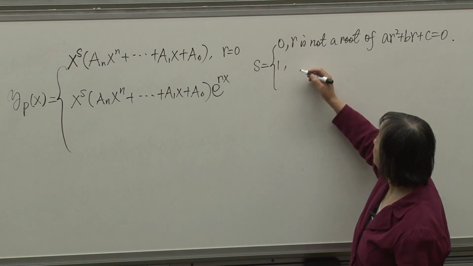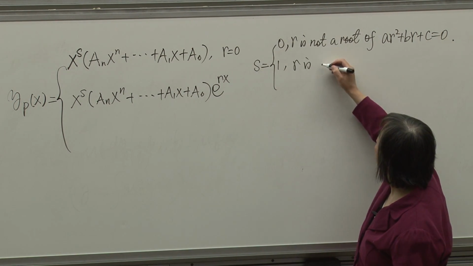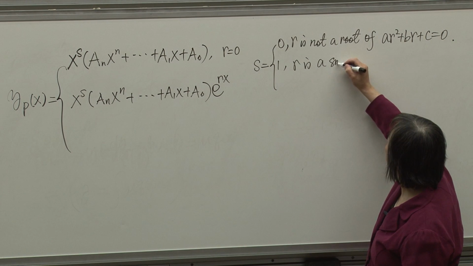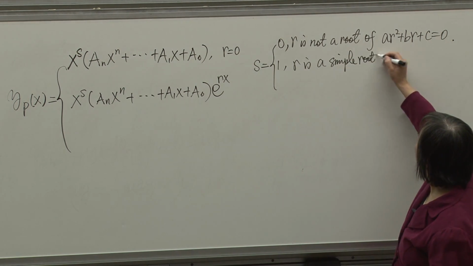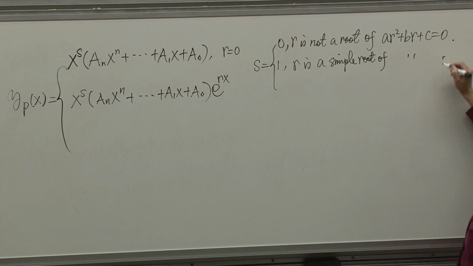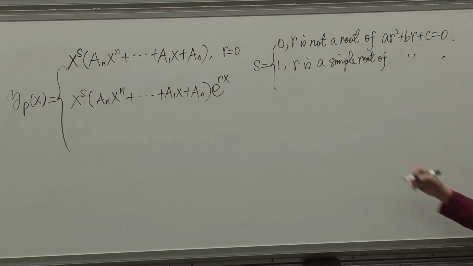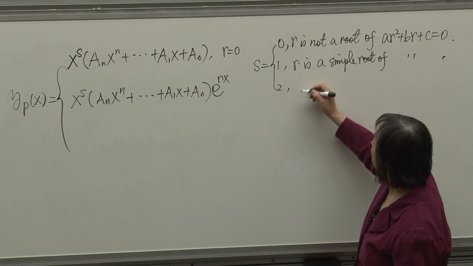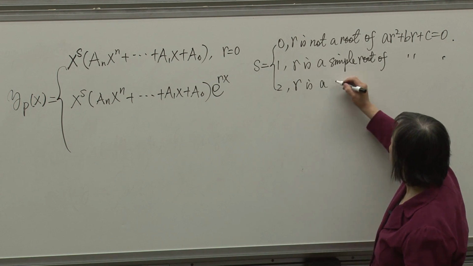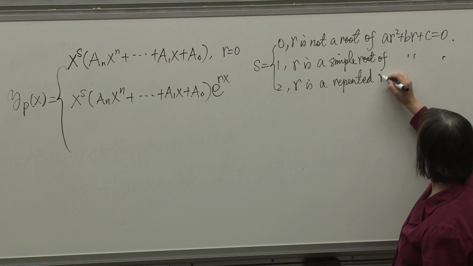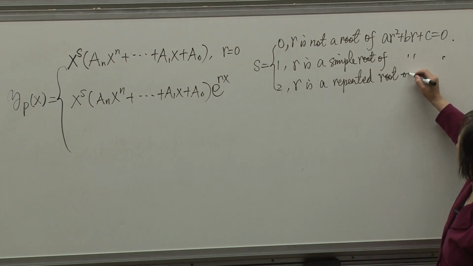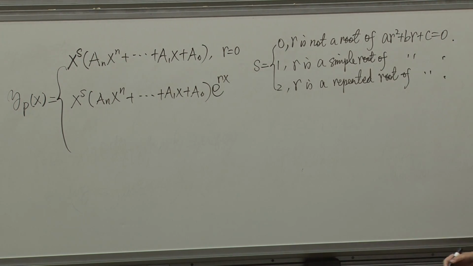We choose s to be 1 if r is a simple root of the auxiliary equation. We choose s to be 2 if r is a repeated root of the auxiliary equation.